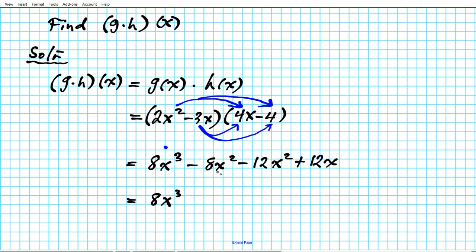And then minus 8x squared and minus 12x squared are identical degrees, so their signs are the same, so we're going to add and keep the sign, minus 20x squared. And then the last term is plus 12x. Okay, so that's the final answer for g times h evaluated at x.